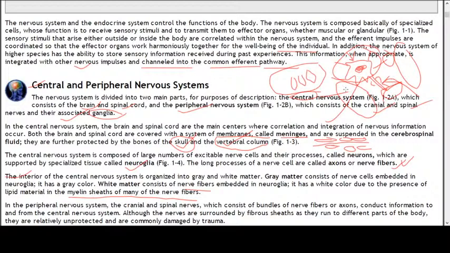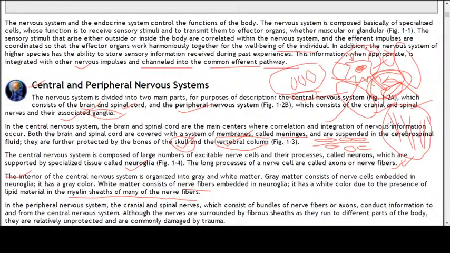And white matter is basically fibers. It's a collection of fibers. So this is the white matter. This means nerve fibers, and a collection of many nerve fibers will eventually look white, and that part of the brain is called white matter.